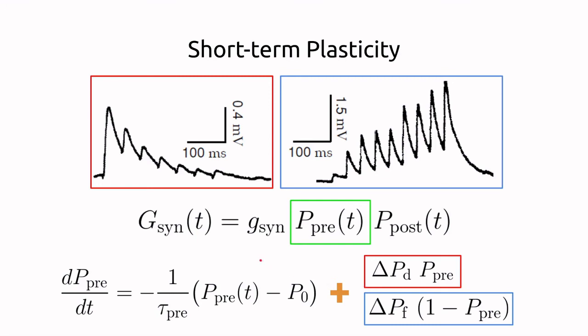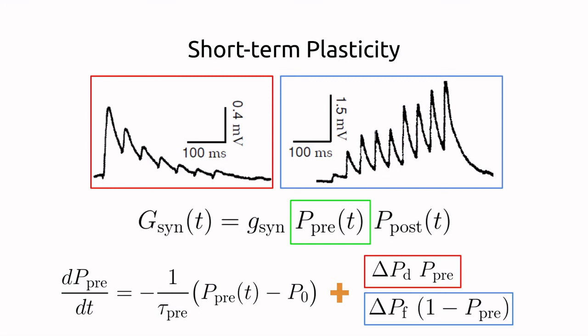And so what we see here on these graphs, the red box on the left is the result of depression, the blue box on the right is the result of facilitation, and we see this sort of jagged curve, which shows the change in membrane potential while a train of spikes is being fed through a synapse.